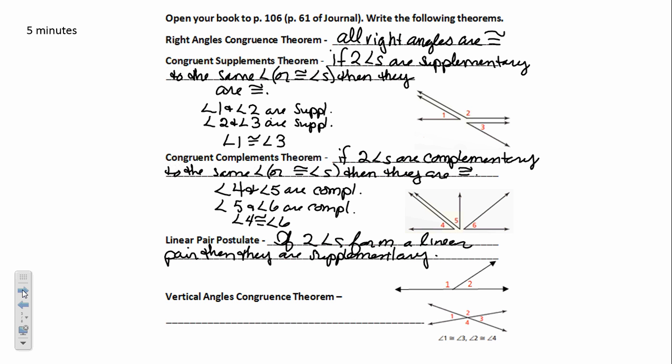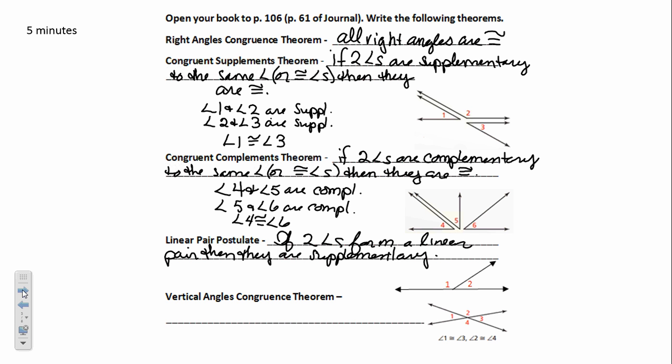So here's the same line, right? A linear pair are two angles formed by, they have a line for their non-adjacent sides and one adjacent side, right? We have opposite rays with an adjacent ray, and the opposite rays form a straight line.